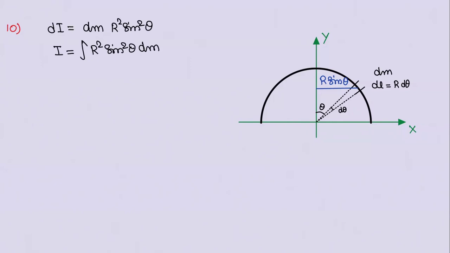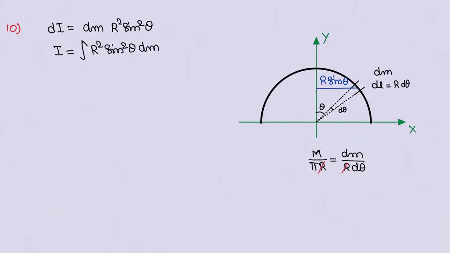A link between dm and theta is required because both are variables. R is a constant. So total mass by total length, which is pi r, must be equal to small mass dm by r d theta. Now r gets cancelled.